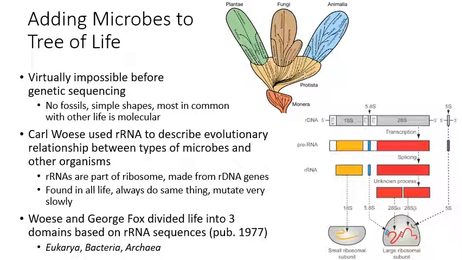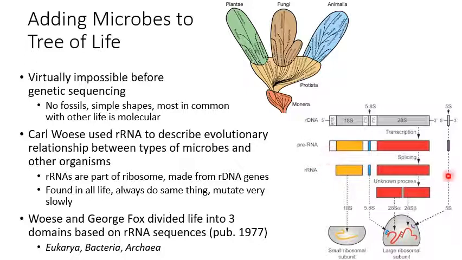So here's a diagram of rDNA and how that works. Here's your rDNA gene. This would be part of your actual chromosomes, or part of the genome for a bacterial cell. And you're going to transcribe these genes to get pre-RNA. If you remember from general biology, first you transcribe and get pre-mRNA, and then you have to process it.